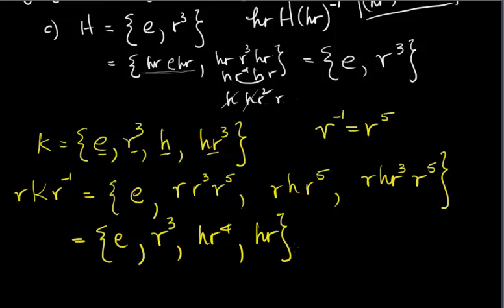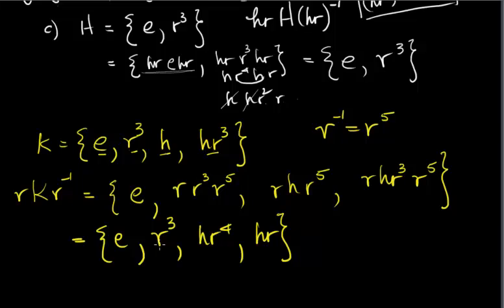Now, is that a subgroup? Well, let's see. If we multiply HR times R cubed, we get HR to the 4th, and it commutes. We get the same thing. If you multiply HR times R cubed, you'll get HR to the 7th, which is HR. And you can try. You'll see that, yes, this is a subgroup.